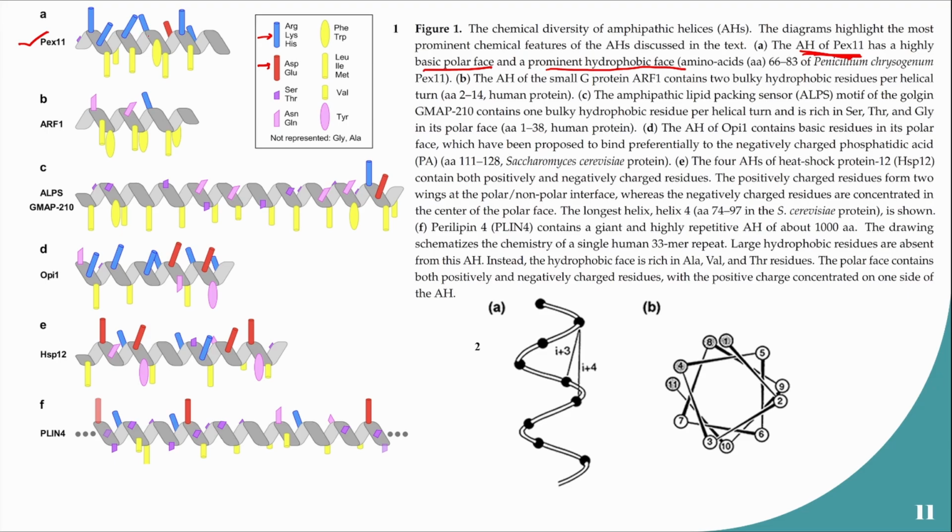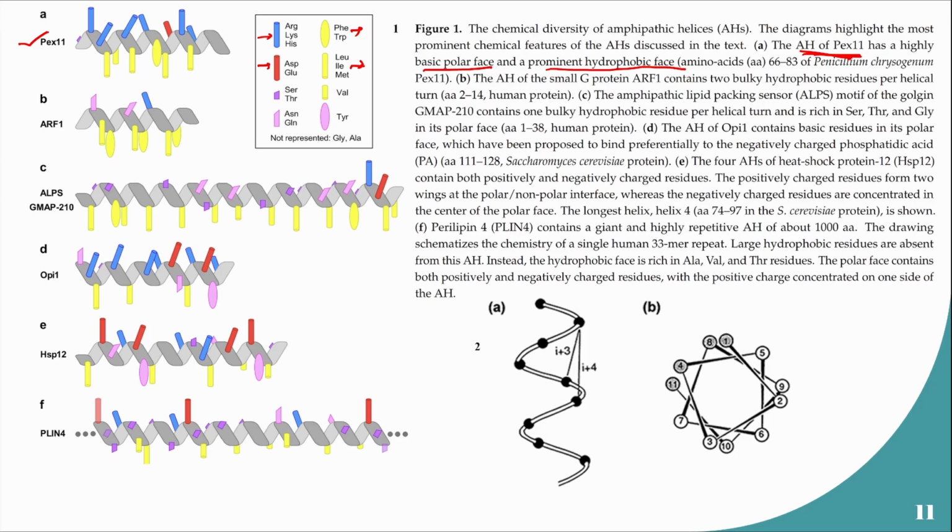Those are present on one face, and on the other face, you will notice the aromatic group containing amino acids and these non-polar amino acids, the yellow ones. So you see that on the two faces, the upper and the bottom face, you see basically two types of amino acids.